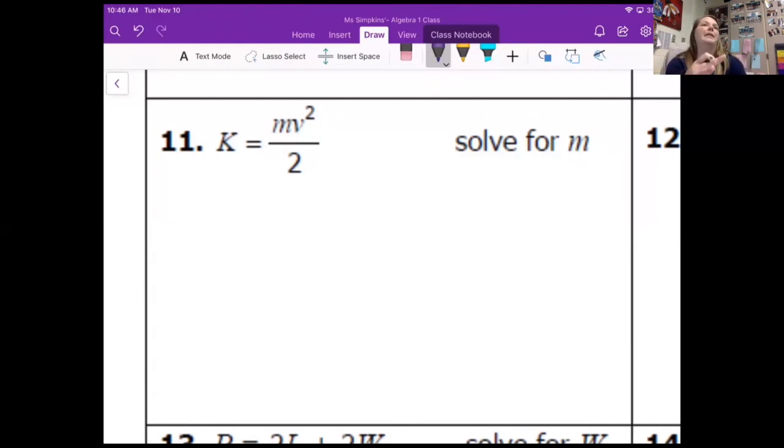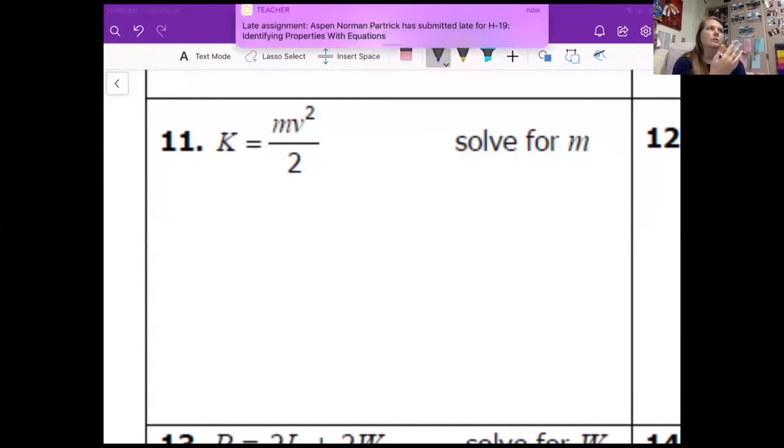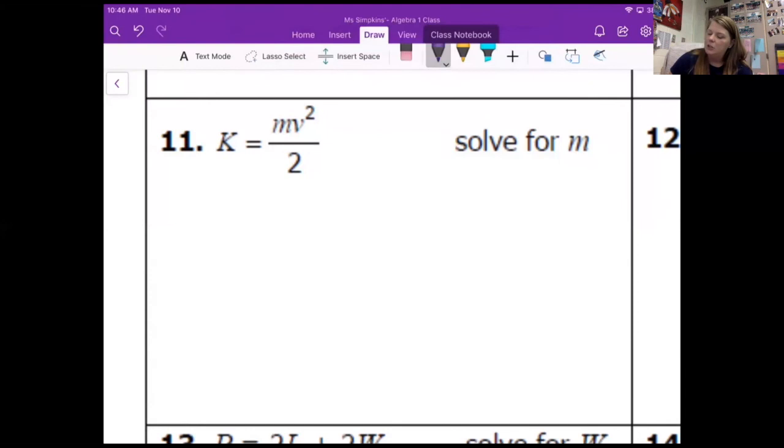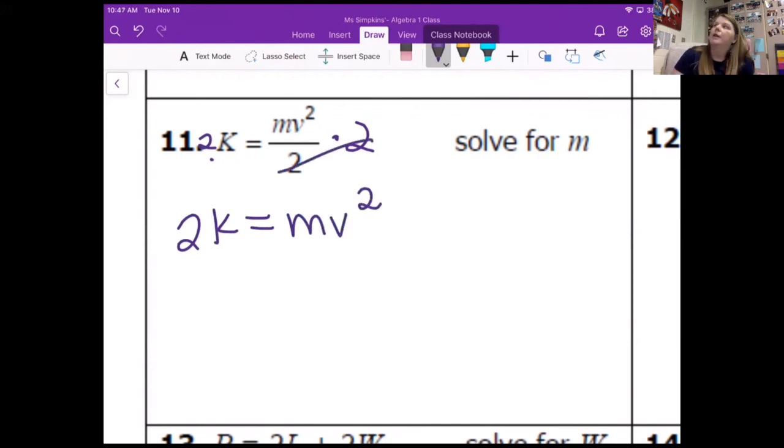So we're trying to get M by itself. Lots of things are happening to M. M is being multiplied by V squared and divided by 2. So we want to do the opposite of all of those things. What's the opposite of divide by 2? Multiply by 2. So let's rewrite this first. We have 2K equals MV squared, because remember we got rid of that 2 on the right-hand side.